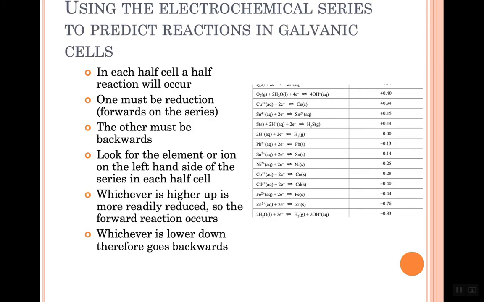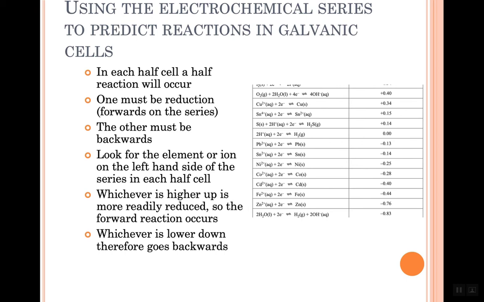So in a half cell, we can predict which reactions are going to occur. We've got both possibilities, so they can go forward, they can go backwards in both, but one of them has got to go forward and one has got to go backwards, because remember those electrons can't exist on their own, so they've got to go from one to the other. If you look at your series, find whichever one has the ions which are higher up.